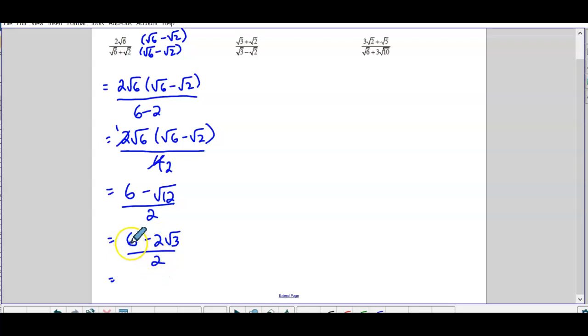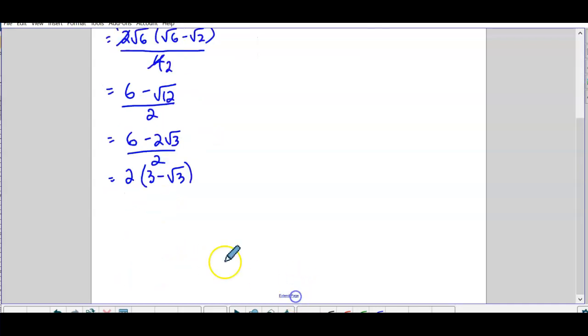This 2 has to go into both. So it's kind of like factoring out a 2 from the numerator and then dividing. Now, if you can see right away that 2 goes into both, then you can do that. But don't forget, it has to go into the coefficient of the radical.